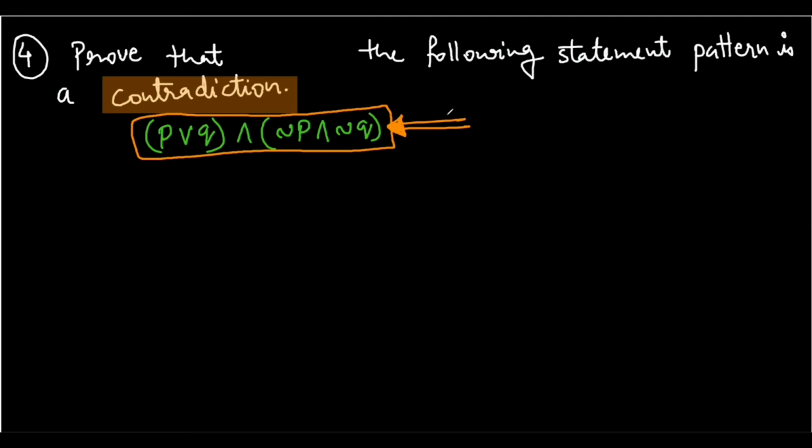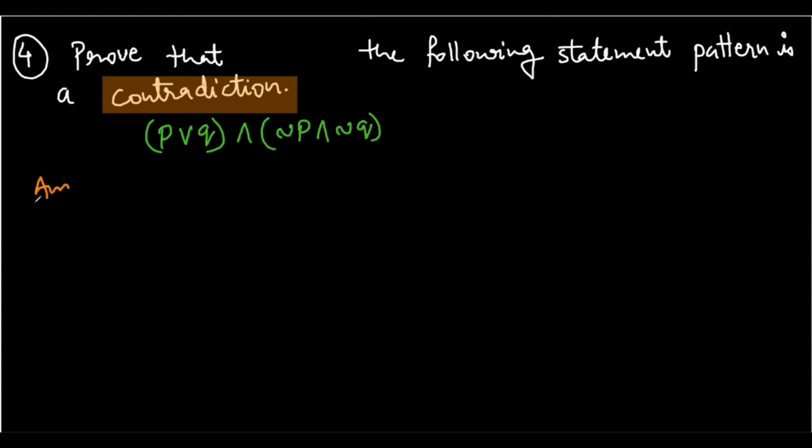That is, irrespective of whether P is true, Q is false, P is false, Q is true, the given statement pattern will always have the truth value false. In that case, we will say it is a contradiction. So let's make the truth table for this. Our answer will begin from here.